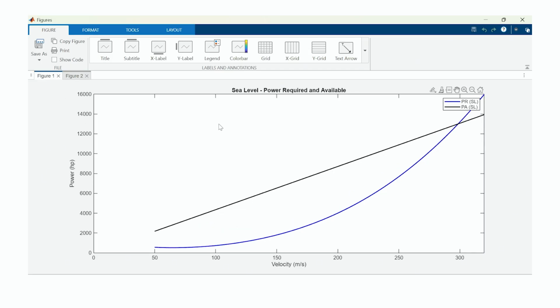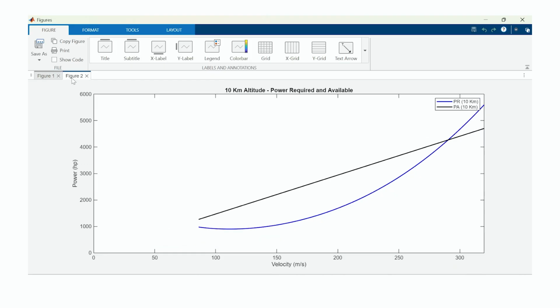All right, so this is how, given the power required and available curve at sea level, you can easily plot the power required and available curve for any given altitude, provided you know the density, and we can easily calculate the density from the standard atmosphere. This example we considered for the jet aircraft.